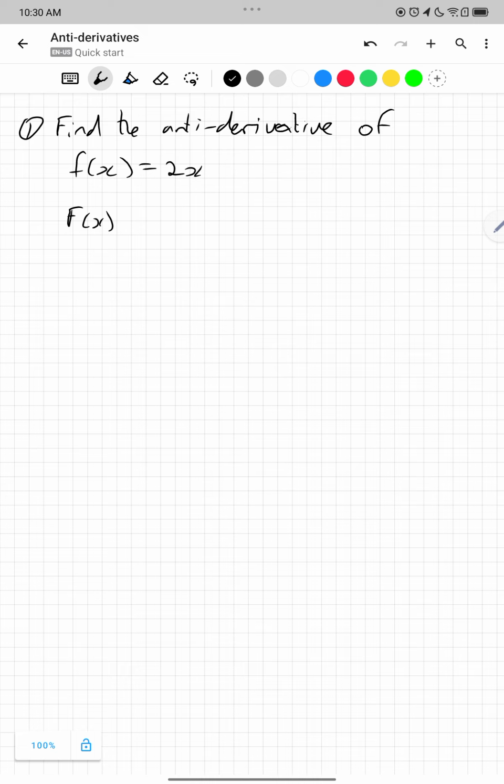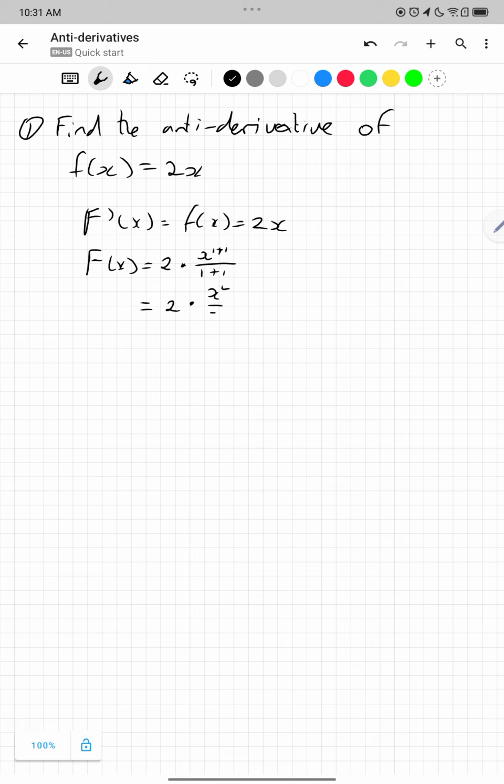So since this equals that, this will be equal to 2 times x squared over 2, which is equal to x squared.